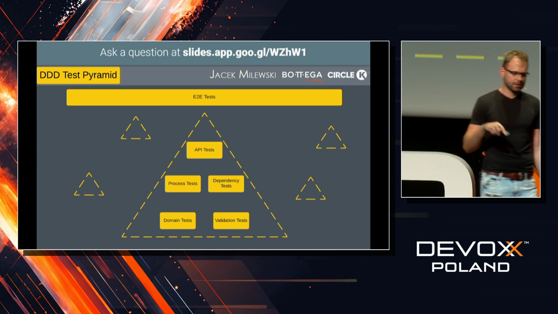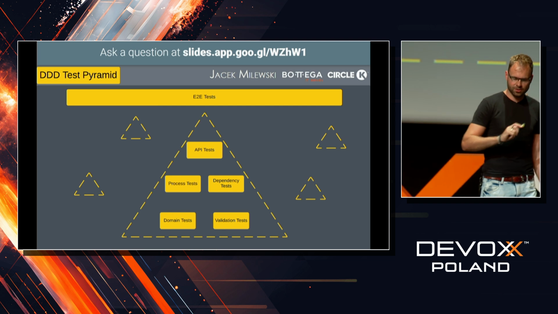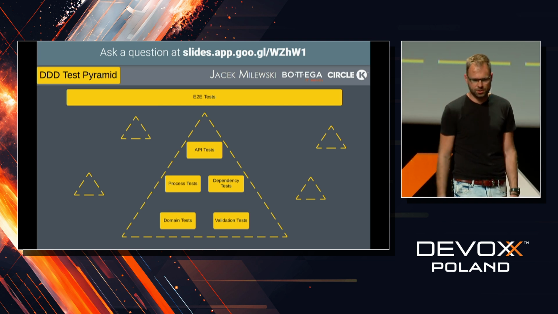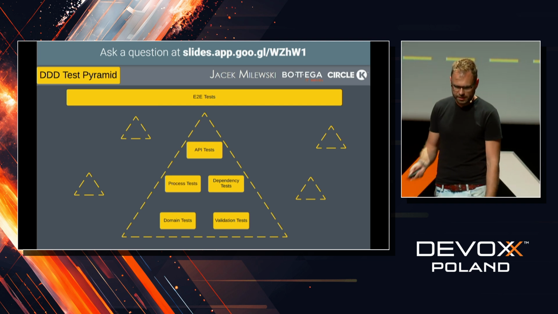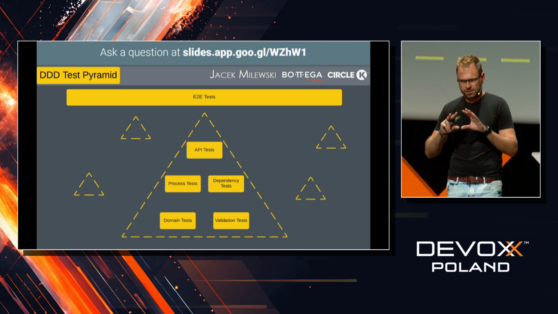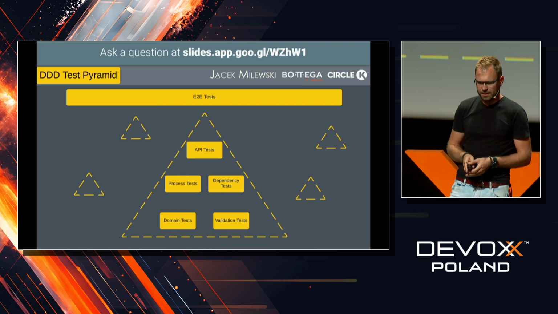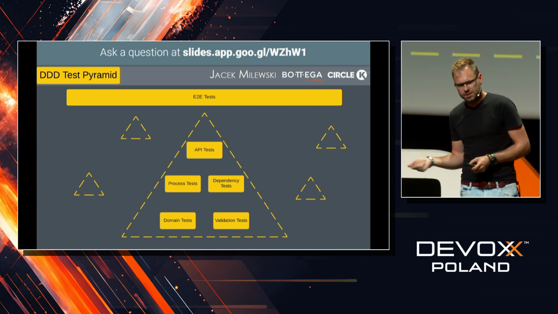So I'm referencing the strategy here, the building blocks of a strategy, not the strategy yet. The building blocks like domain tests and validation tests are at the lower layer. They are fast to write, they are isolating the scope, they are small, which is a similar definition to unit.